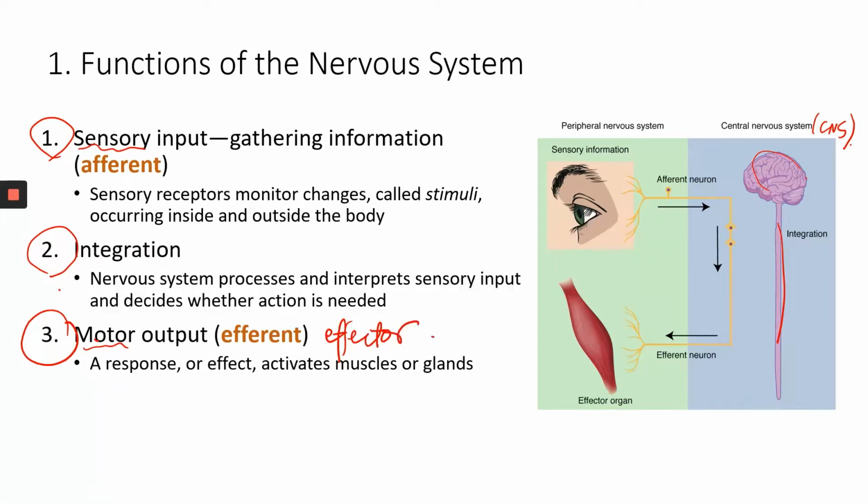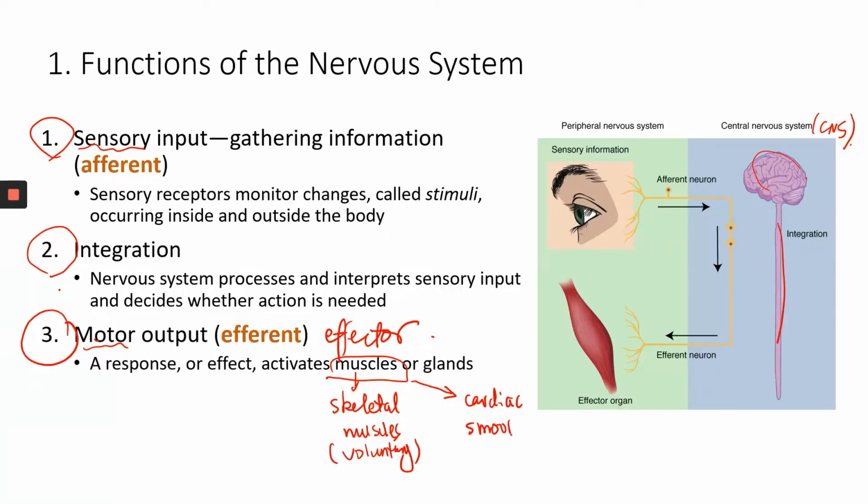Effector. Okay? So it could be muscles, which usually you can control consciously. Specifically, that would have to be skeletal muscles that you can control consciously. Okay? So that's called voluntary control. All right, now you can also control the other two types of muscles, if you remember from the first lesson, and that's going to be cardiac muscle and smooth muscle.